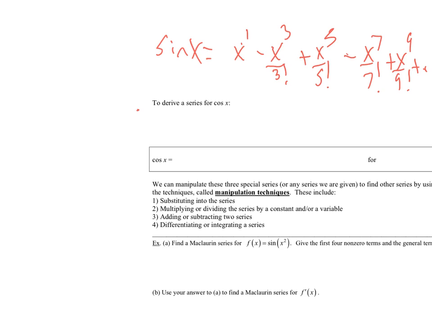So instead of memorizing another power series, if you memorize sine, you can manipulate your series by adding series together. You can subtract series. You can even do the derivatives of a series. So I can take cosine of x then.